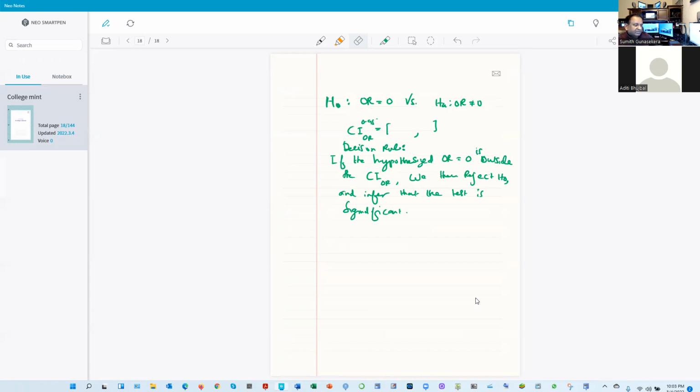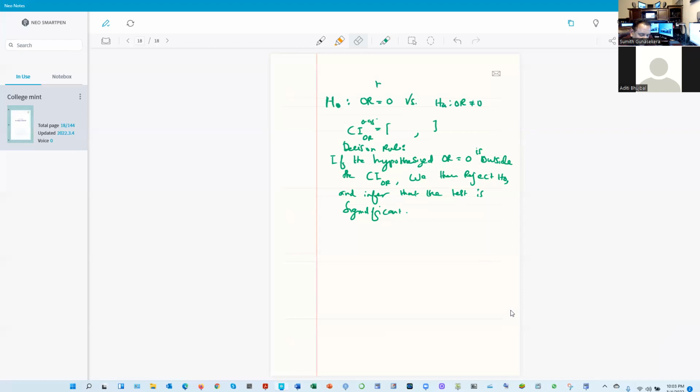You can check that. One way to check is that we build the confidence interval. It's a two-tailed test. We assume that ln OR is normally distributed, and we're going to utilize that with the data. That's why we put the 1.96.